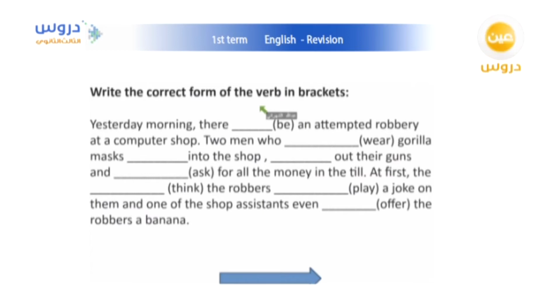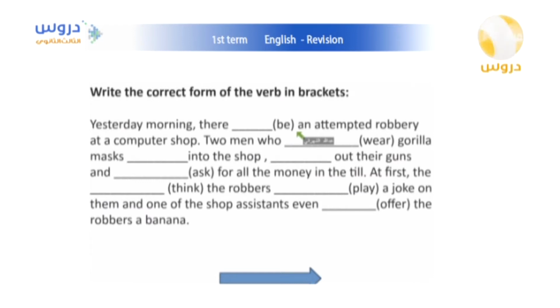Here we have to write the correct form of the verbs in brackets. We have too many verbs here. We will try to answer it. So, yesterday morning there, what is the helping verb? Be. There are, okay, Jumana, but we talked about past simple and past continuous.